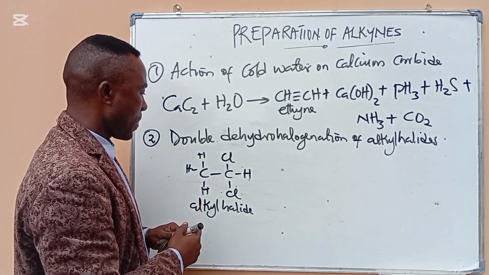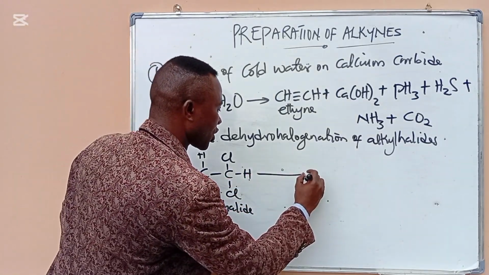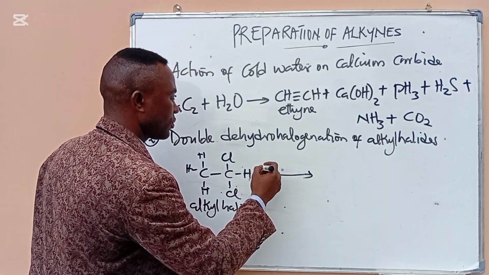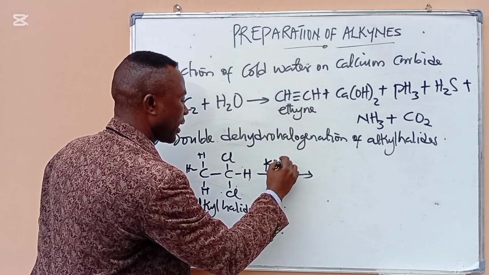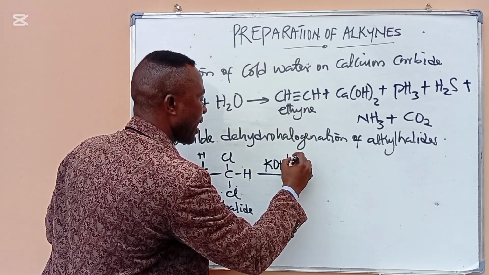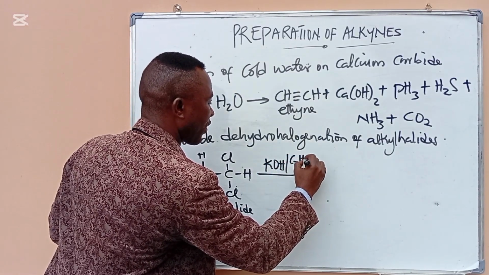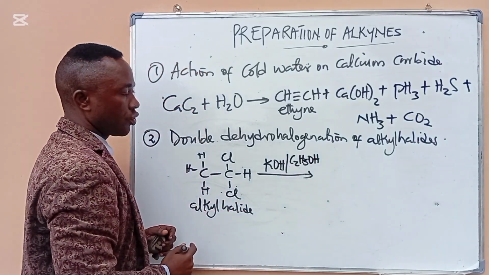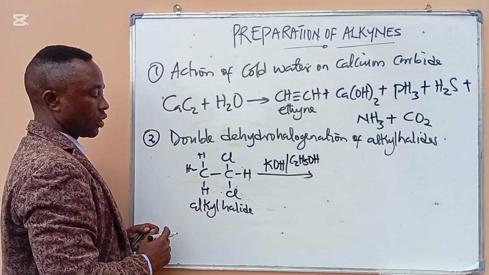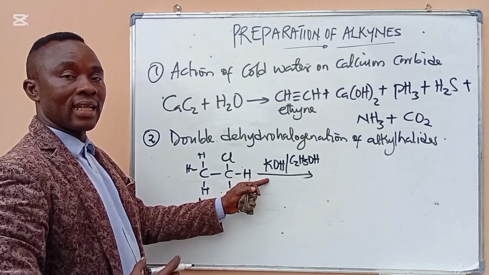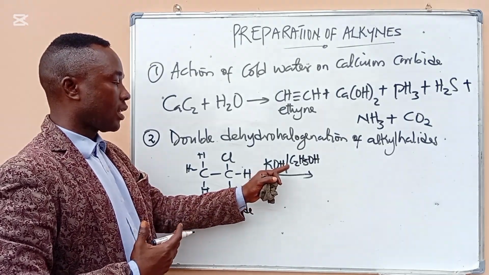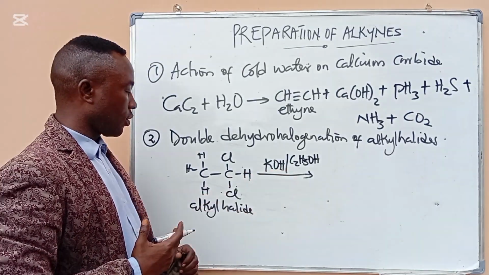Now, this reaction will require potassium hydroxide in ethanol, C2H5OH. It will require potassium hydroxide, that is a base, in ethanol.